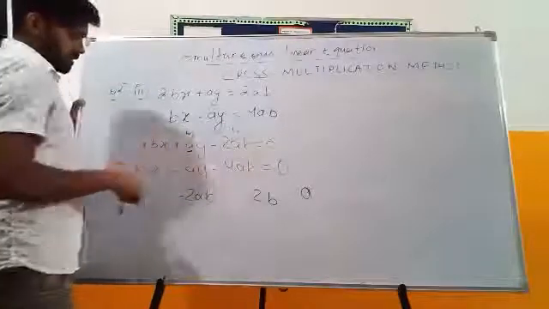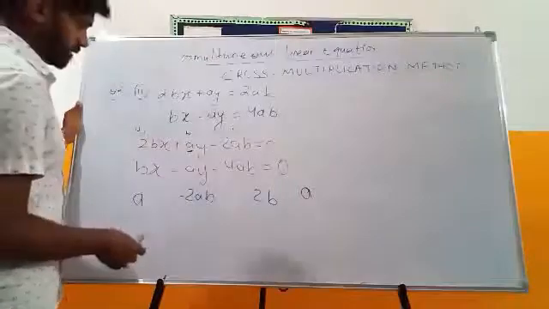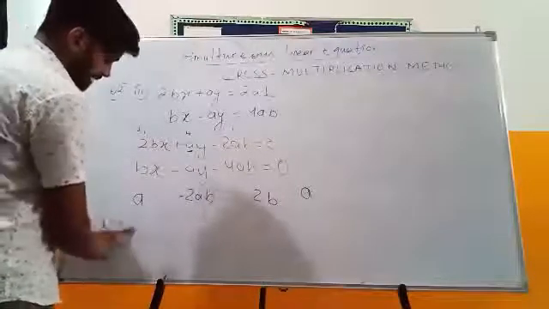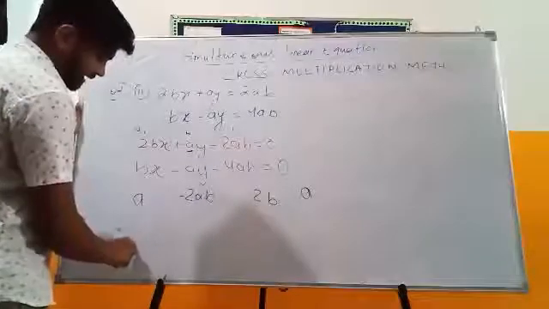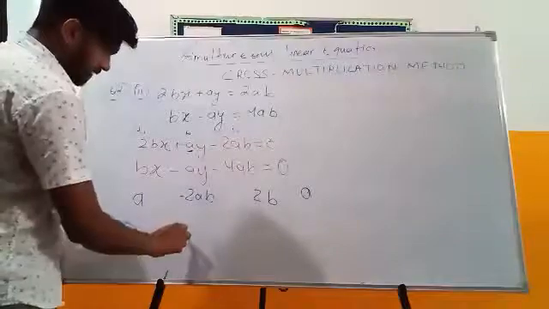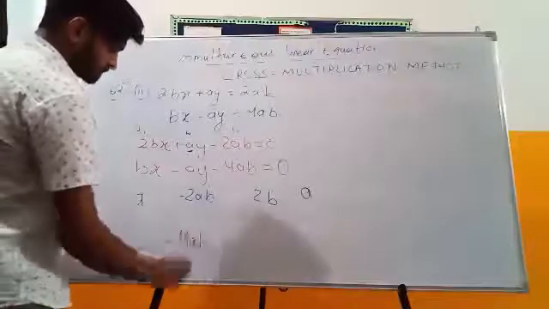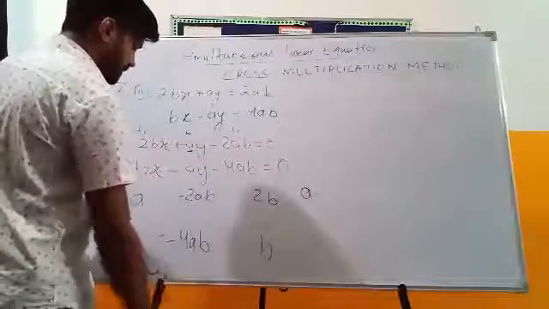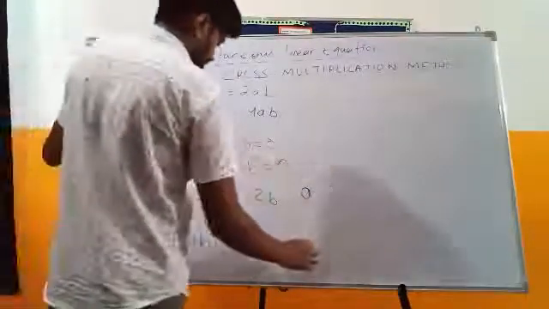So that's the order that I have applied. Again, I'll be writing minus a. I'll be writing a little bit separately so that it's easy for you guys to see. Minus a, minus 4ab, and then b, and then minus a again.